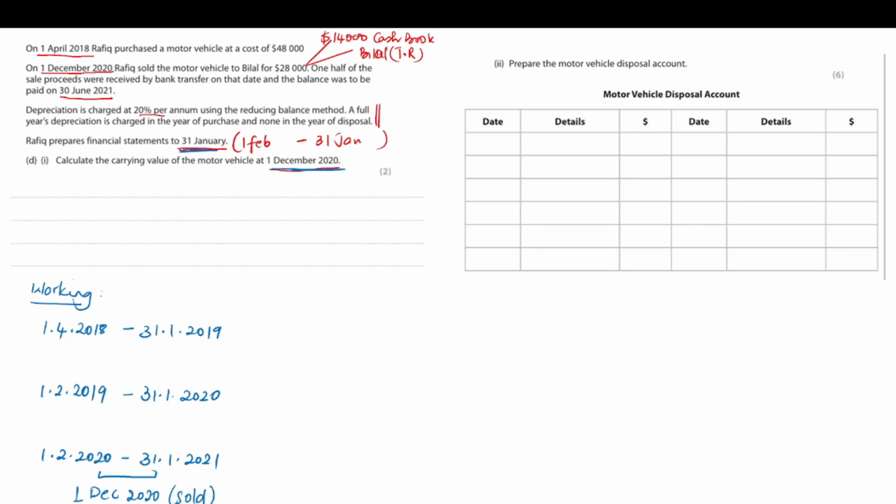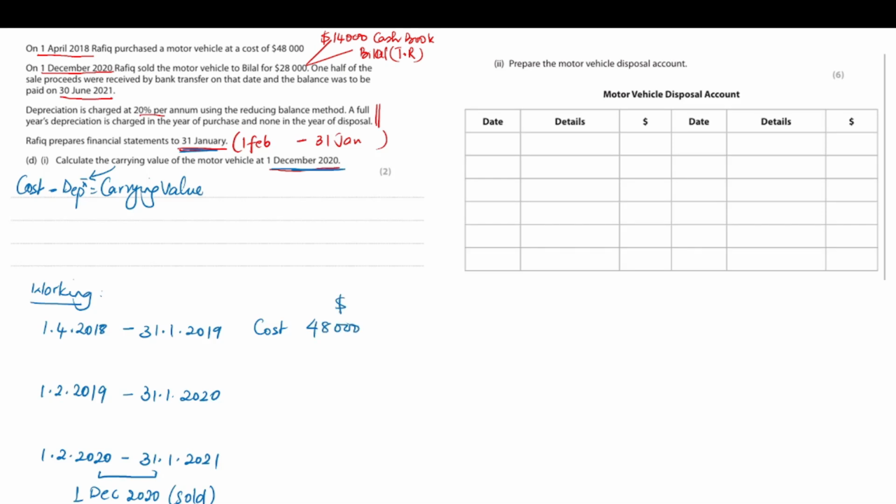They are asking us to calculate the carrying value. So we know what our carrying value is. Carrying value is always cost minus depreciation. We know this. So we have to calculate the carrying value, which I'll be calculating here. What was the cost? Cost was $48,000.